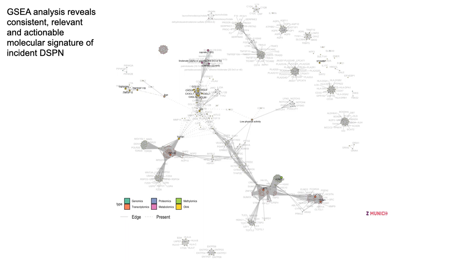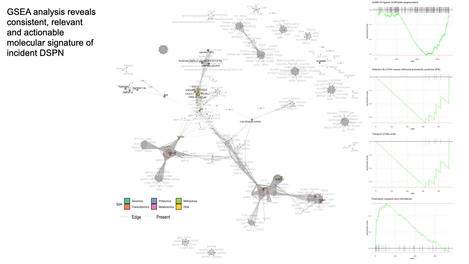The highlighted nodes are the most important features after the machine learning part, and all the rest of the features are in the background in gray. You can see that most of the important features are connected to each other in the center here, which we can use to extract a story of the mechanism of DSPN later on.